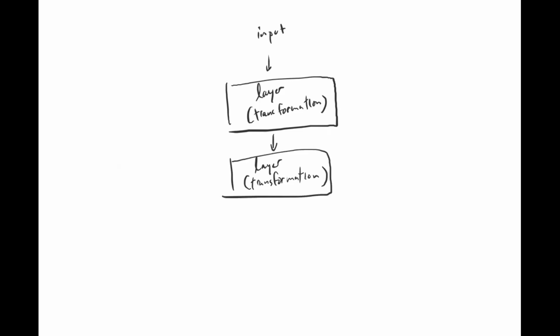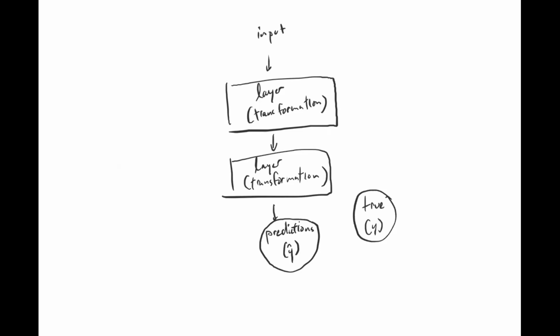Eventually, what we want is to have some predictions about your particular outcome, and we can compare that to our true values, y. So these can go into a loss function.